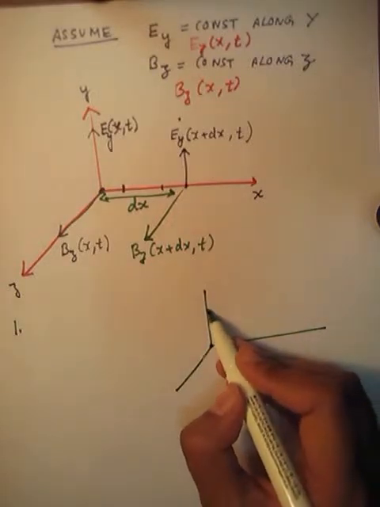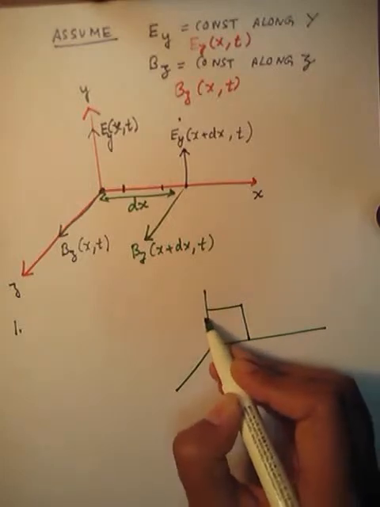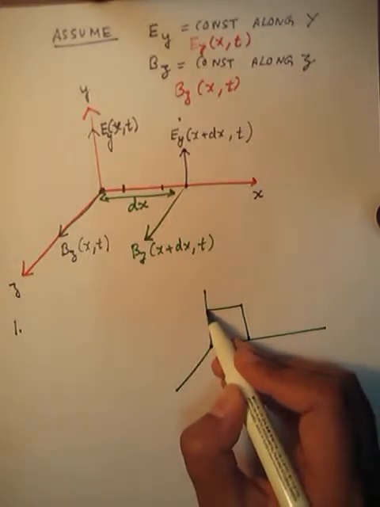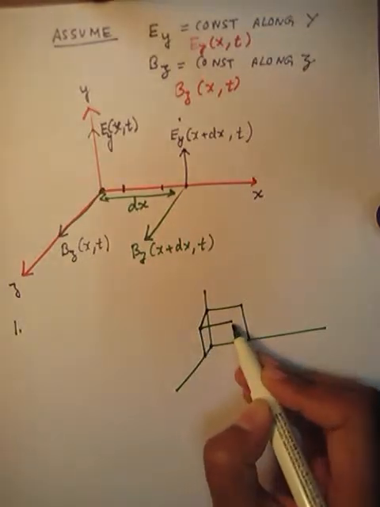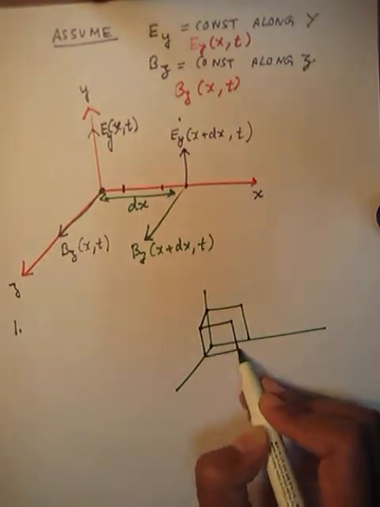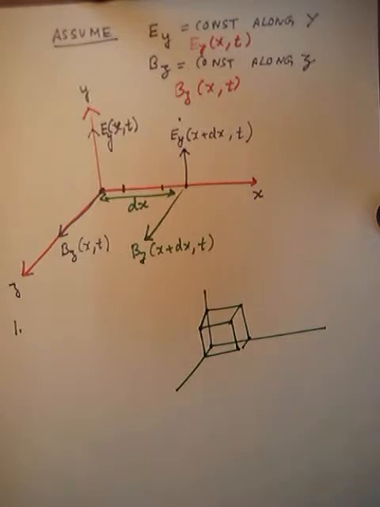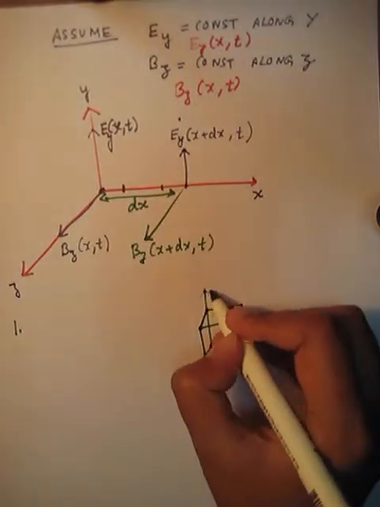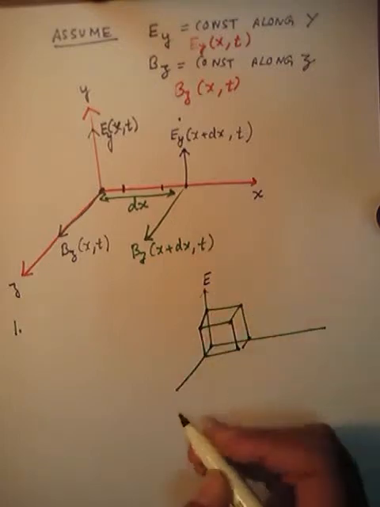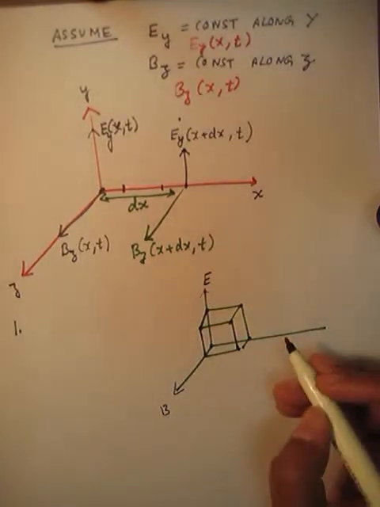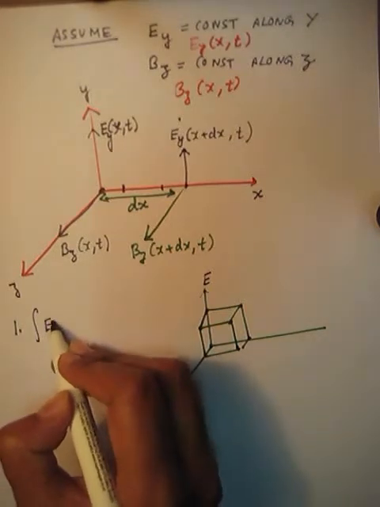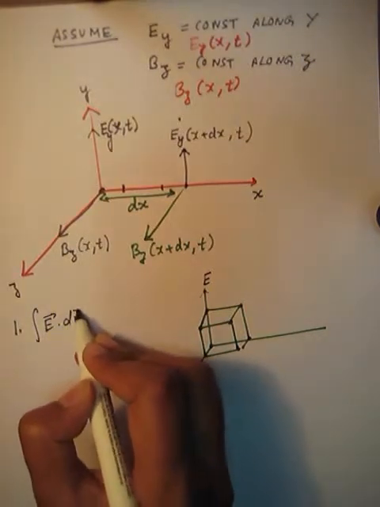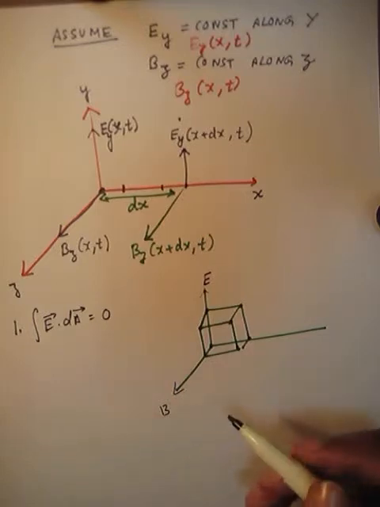let us say that we take a cube. Let us say this is the cube we are talking about, and the electric field is in this direction, magnetic field is in this direction. So let's say that we are proving it for the integral of E vector dot dA vector is equal to 0; we want to prove this.